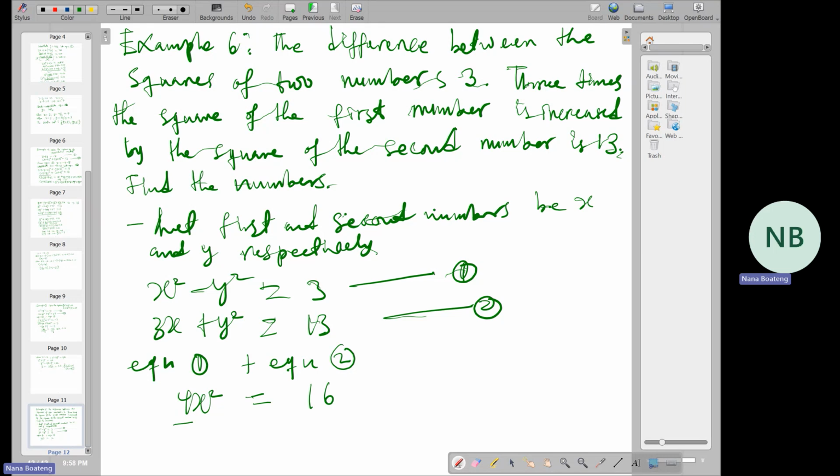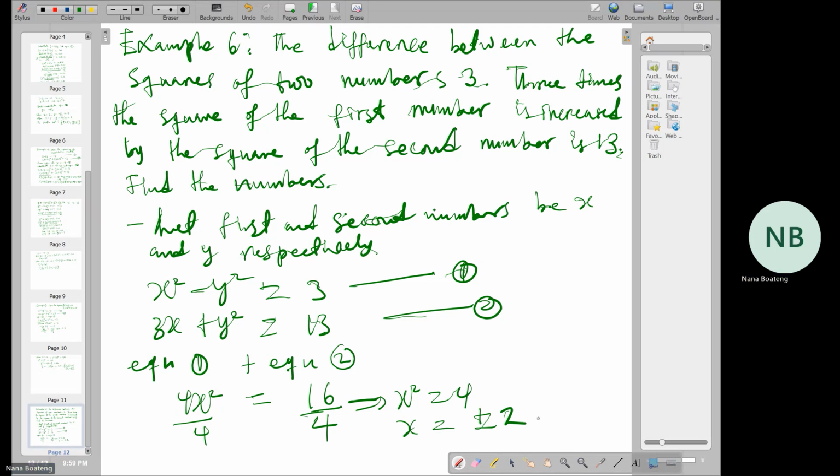If we divide both sides by 4, x squared is equal to 4, which means x is equal to plus or minus 2.